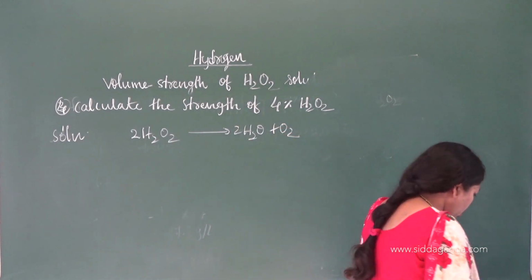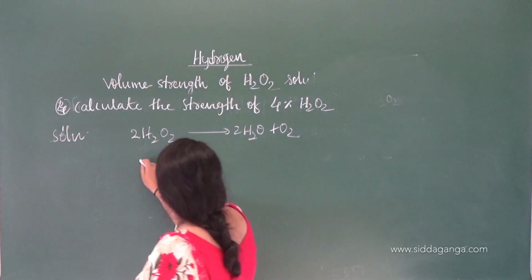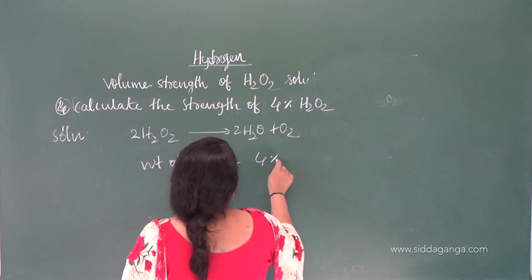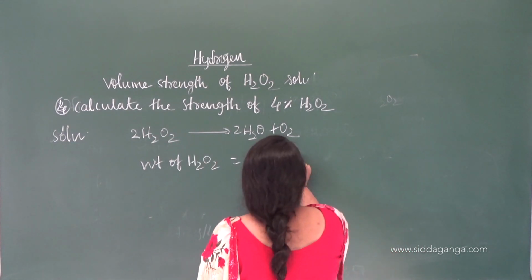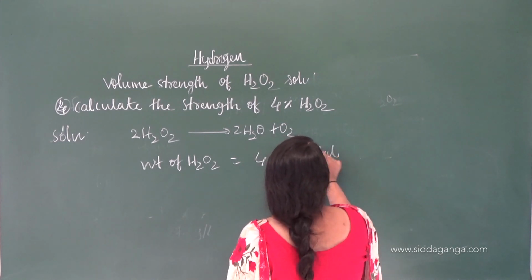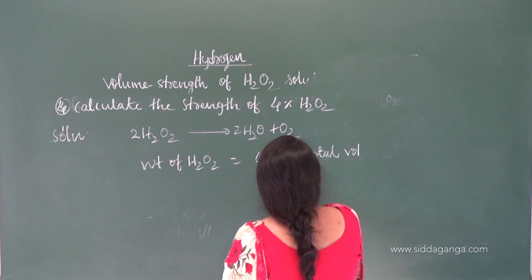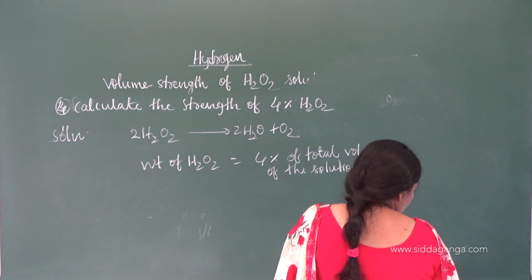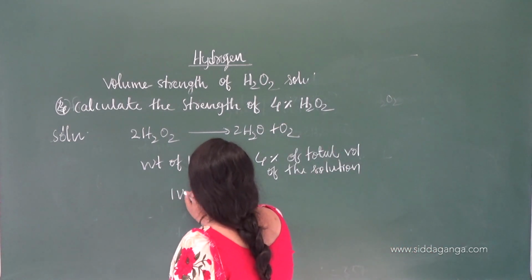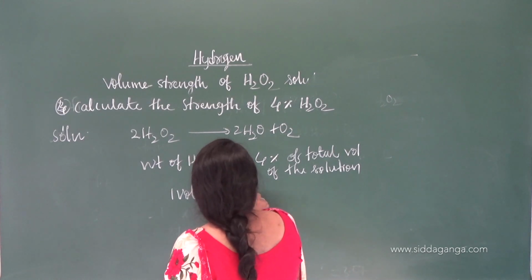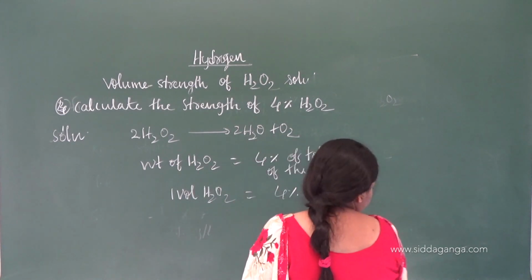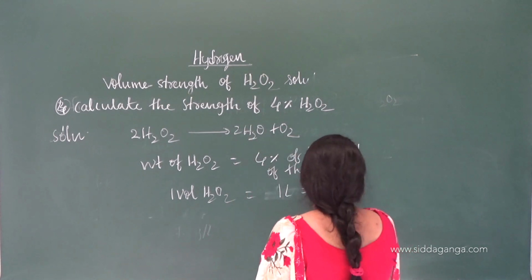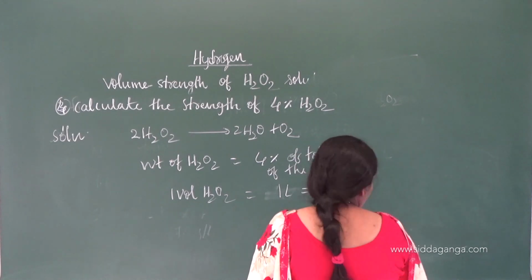So 4% means weight of H2O2 is equal to 4% of the total volume of the solution, that is 1 liter, equal to 1000 ml.